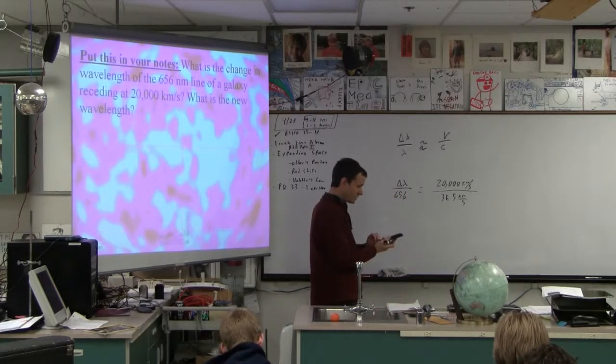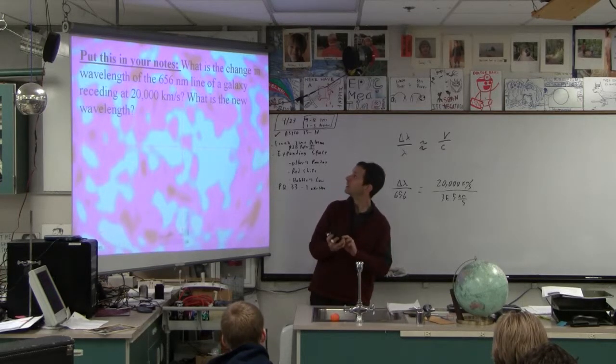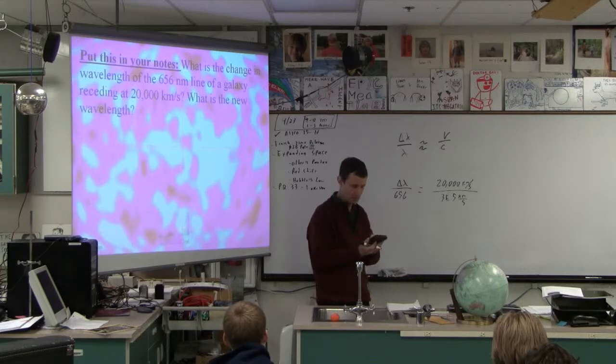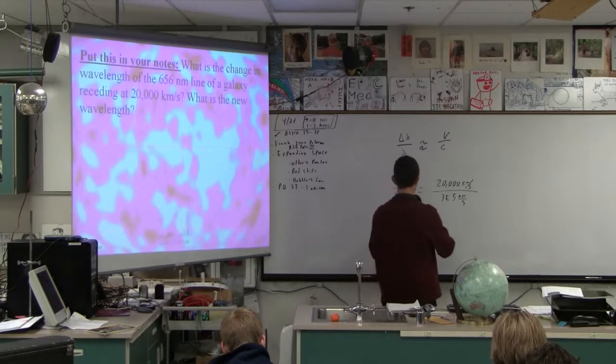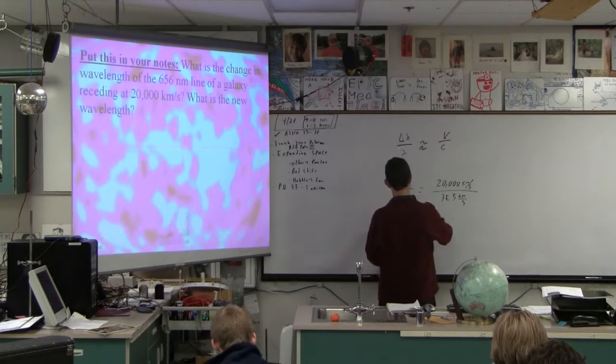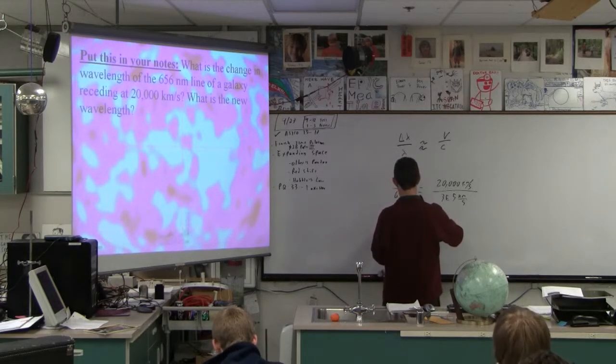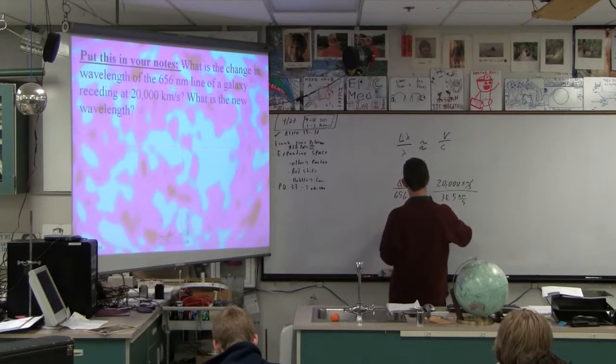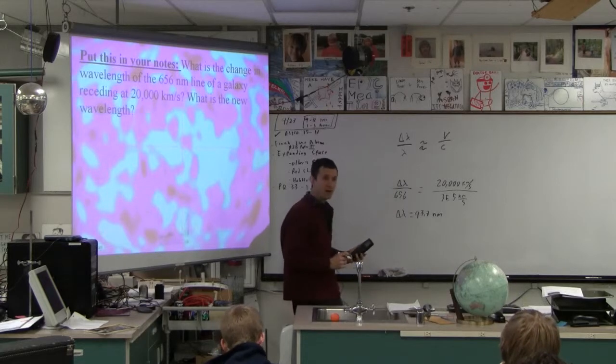So 20 divided by 3e5 times 656. Okay, and I get that the shift is 43.7. Do you guys get that? Yep.